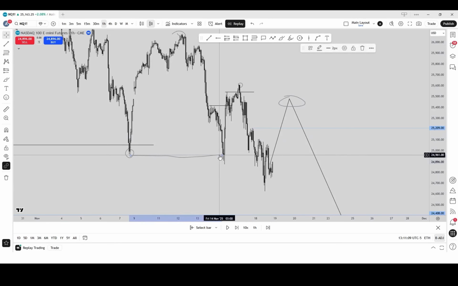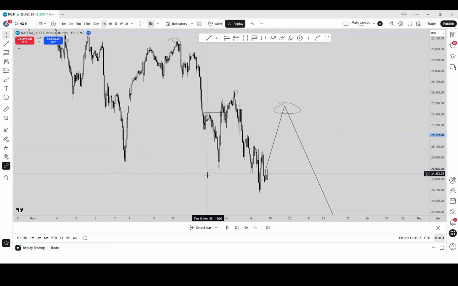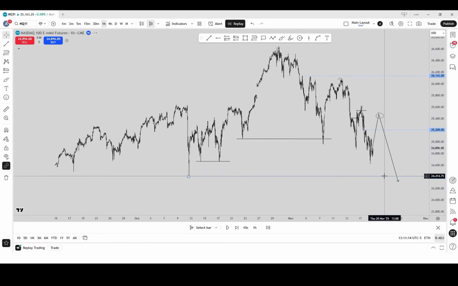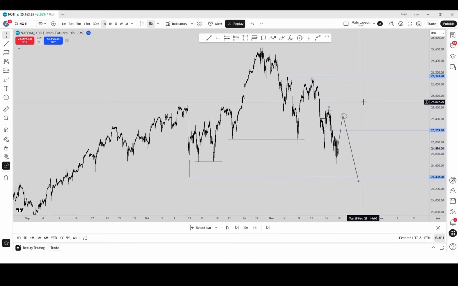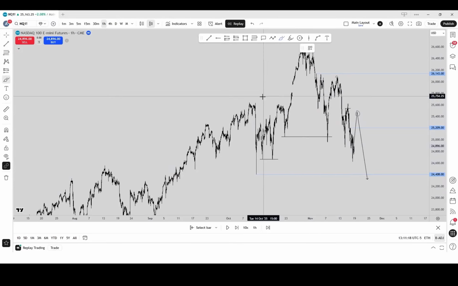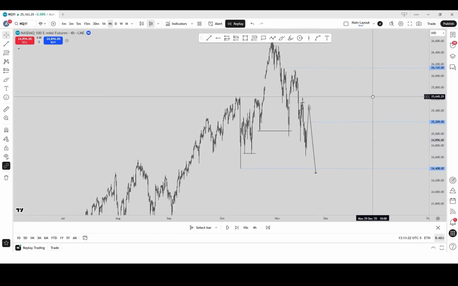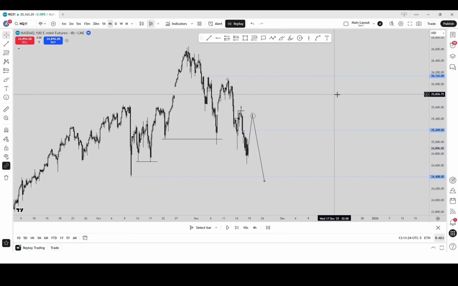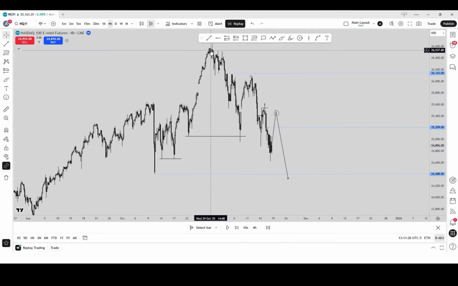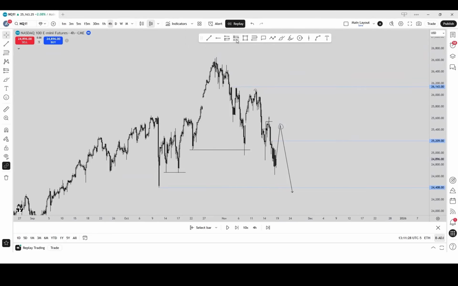So when we look at the higher time frame, we're looking at it from the perspective of what price needs to do. Because look at this, right? If you look at it from the 4-hour perspective, what happened here? We printed a low, we moved higher. Printed a low and moved higher.